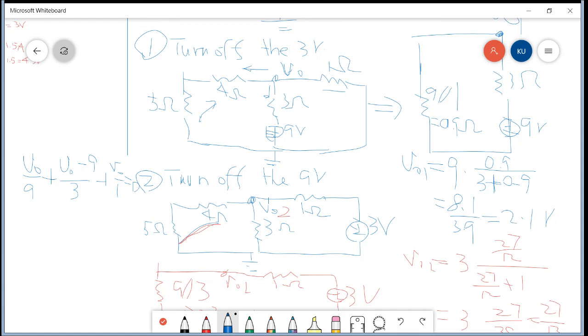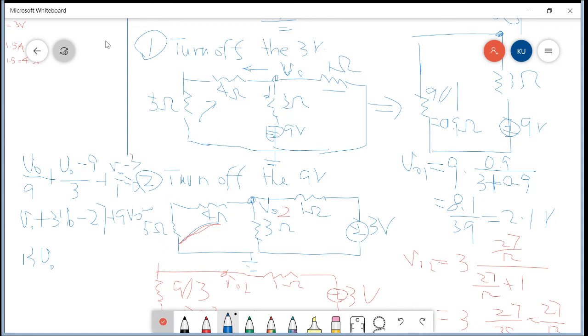So we multiply by 9 on both sides: VO plus 3VO minus 27 plus 9VO equals 0. Then finally we have 13 VO. I should still have the 3 volt on the circuit, so this one should be minus 3.